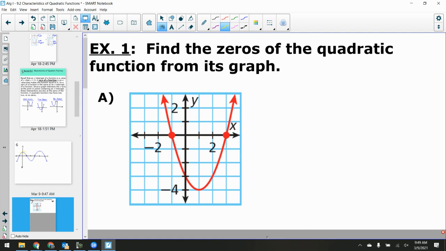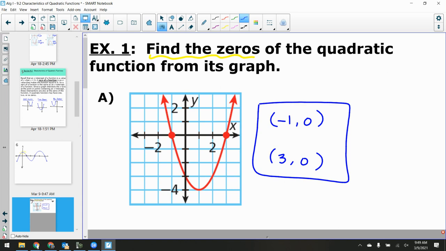You just got to know that when I ask you for the zeros of the function, I'm asking you to find the x-intercepts. Where is one of the x-intercepts? Somebody tell me. -1, comma 0. And where's the other one? 3, comma 0. Yeah.